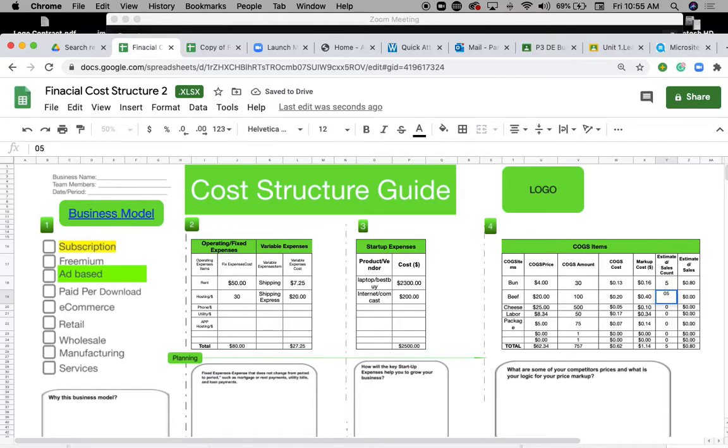Let's say we sell 5 across the board. 5 units of everything here, 5 burgers. We sell 5 burgers. Perfect. So right now, by me selling 5 of these burgers, I make a profit of $5.70. That's just basic. That's just giving you an estimate. So now the cost of goods is $1.14.